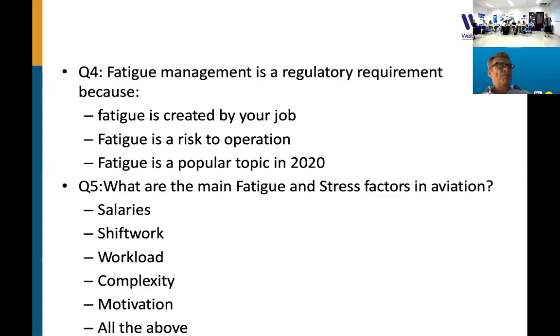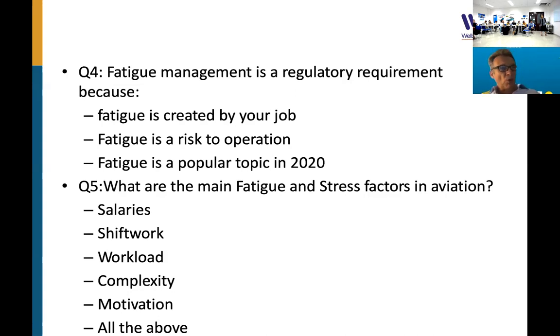So what are the main fatigue and stress factors in aviation? Salaries, or I mean low salaries, not high salaries. Shift work. Yeah, low salary. Okay, not enough. Yeah, because a high salary you can manage in general.